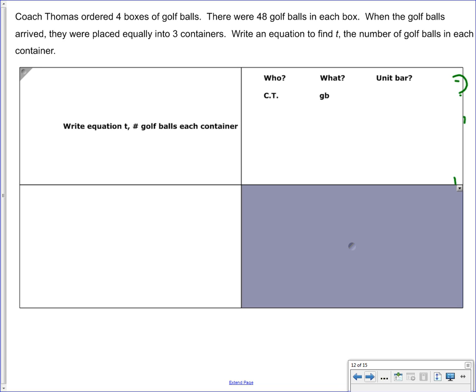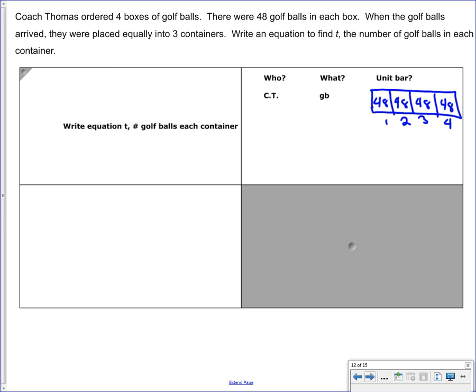So we're talking about Coach T and some golf balls, and there's 4 boxes of golf balls with 48 in each box. And that's not too difficult to draw, so I don't need to draw my ellipses. Here's my 4 boxes of golf balls with 48 in each. And here's where they get tricky.